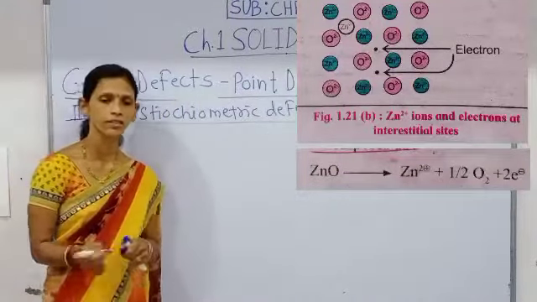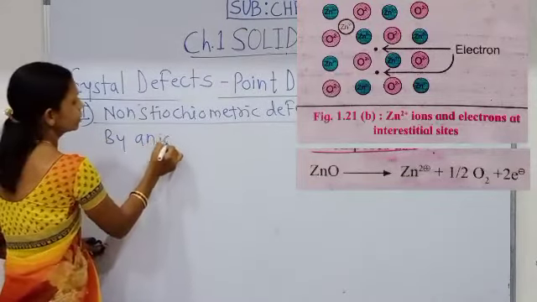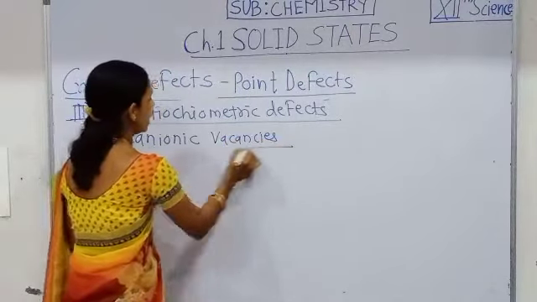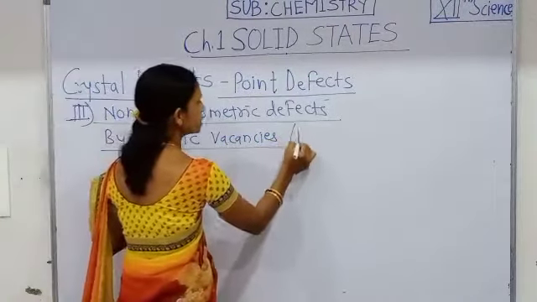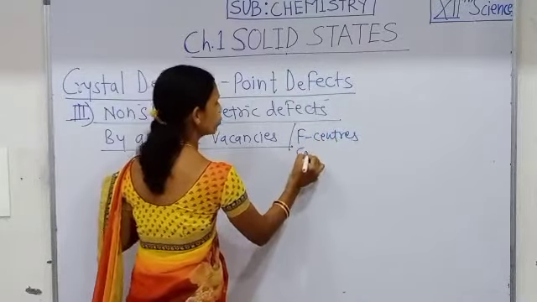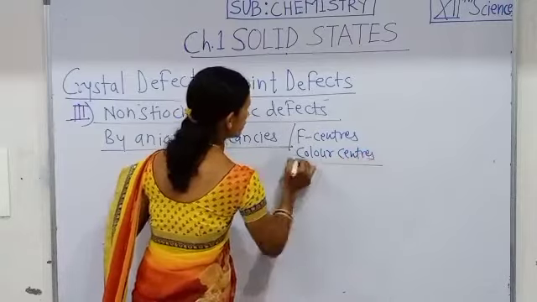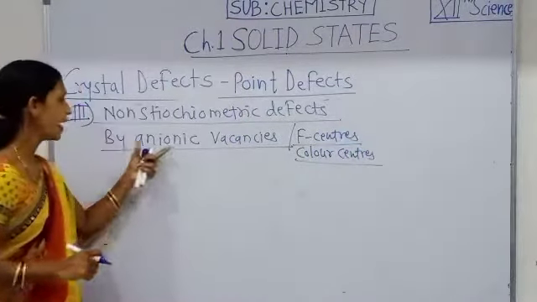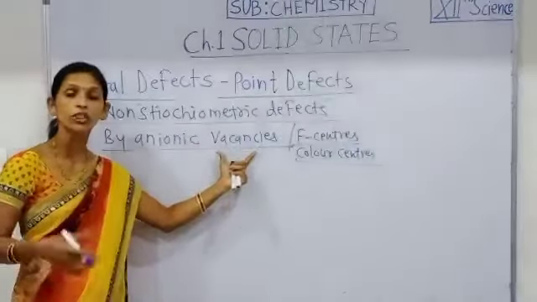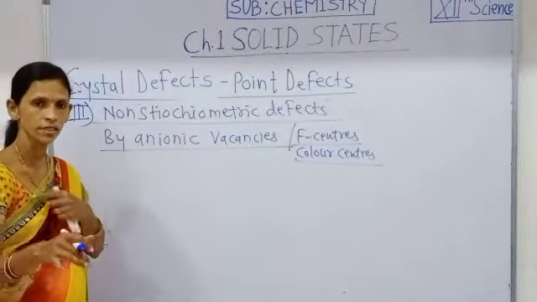Then the last type, that is by anionic vacancies. Anionic vacancies are also known as F centers, or color centers. See here, by anionic vacancies, that means the vacancy is produced due to an anion in the crystalline substance.